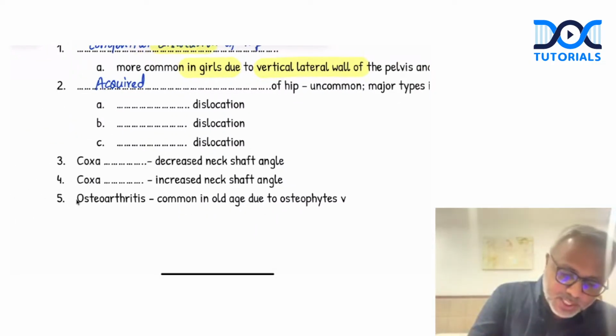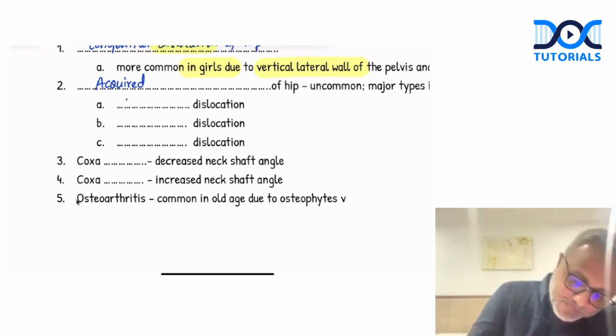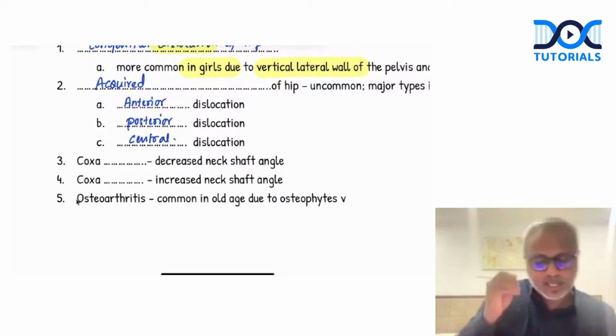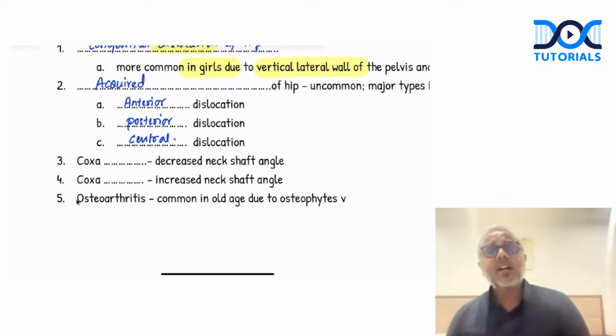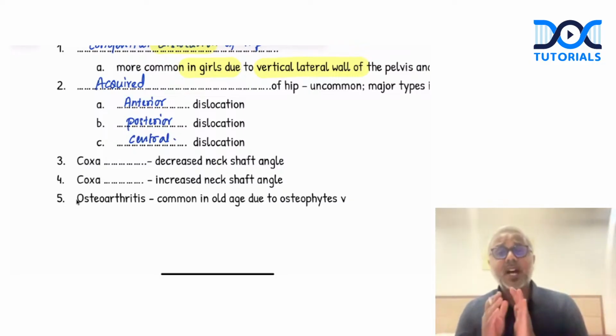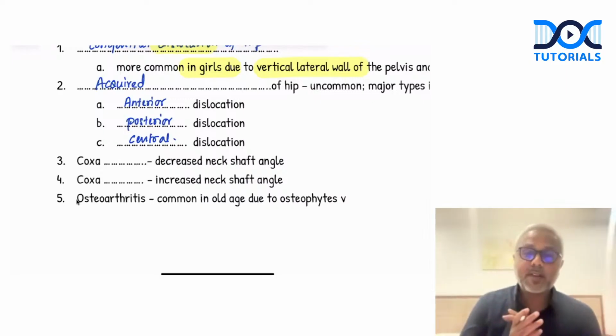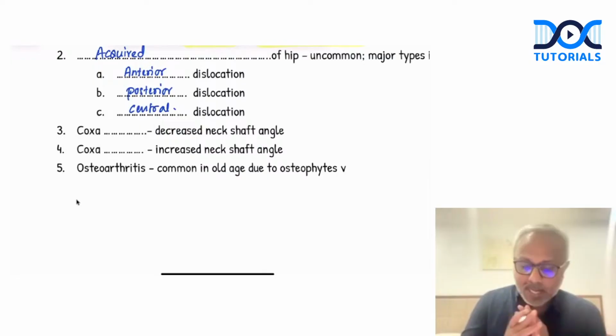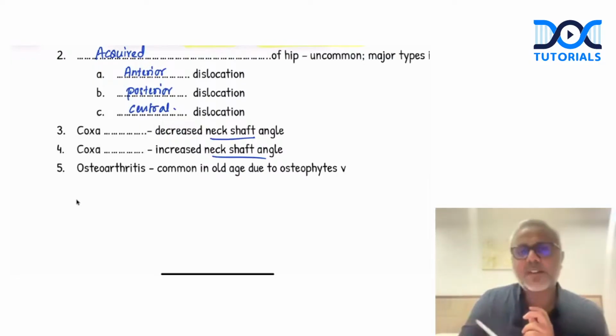Acquired dislocation can be of 3 types. One is anterior, other one is posterior, and then we have the central dislocation. Most of these dislocations are found with road traffic accidents, but just mention the types of dislocation. Next, we have 2 important abnormalities related to the neck shaft angle.